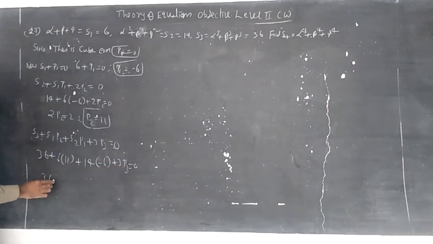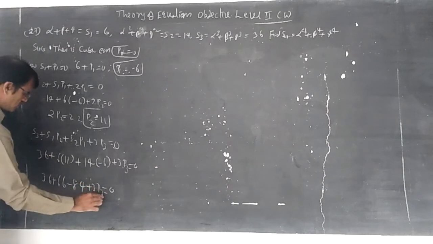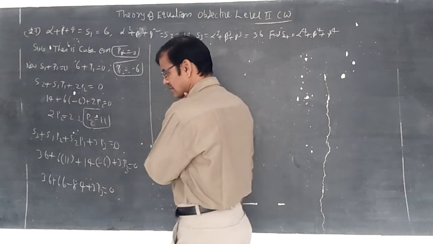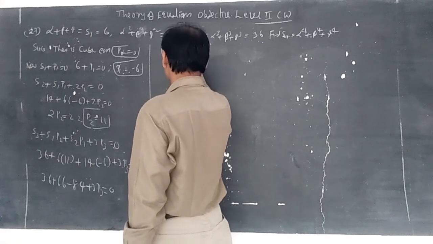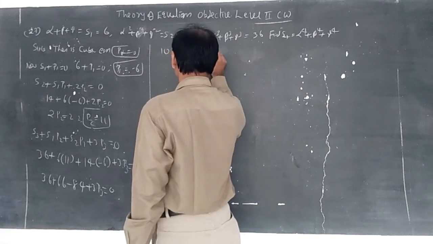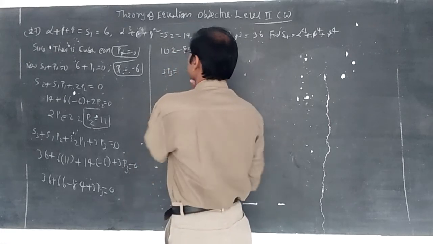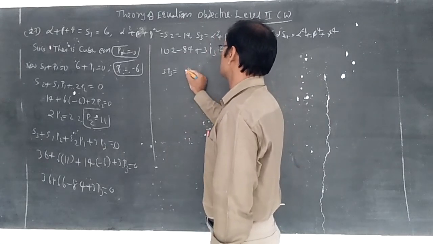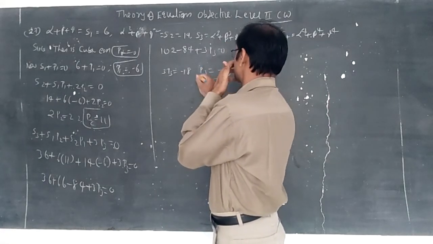This is 36 plus 66 minus 84 plus 3P3 equal to 0. 36 plus 66 is 102. 102 minus 84 plus 3P3 equal to 0. So 3P3 is equal to 84 minus 102, so it is minus 18. So P3 is equal to minus 6.